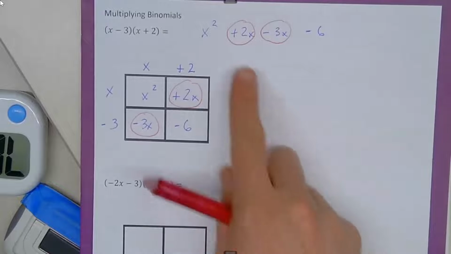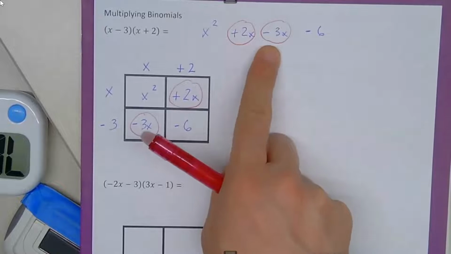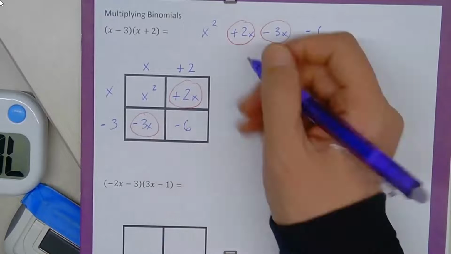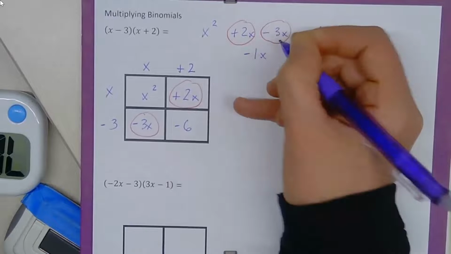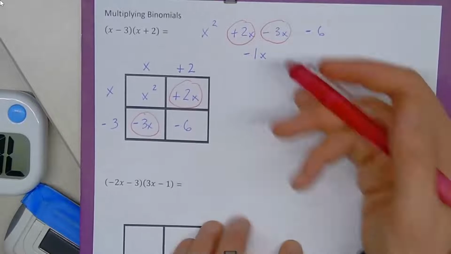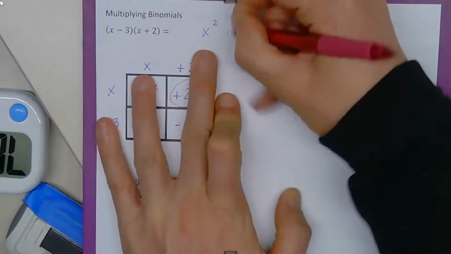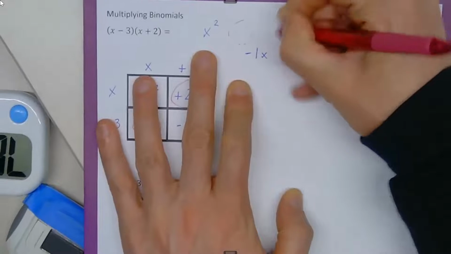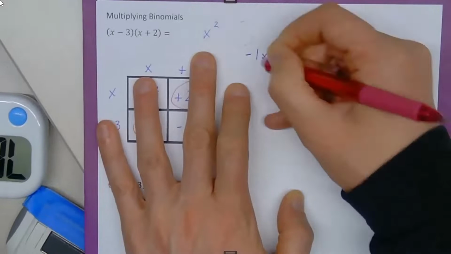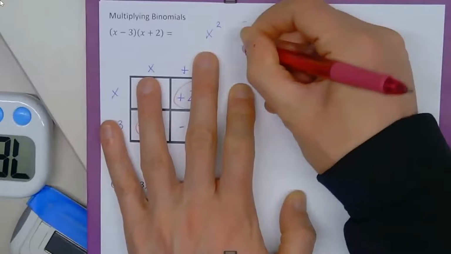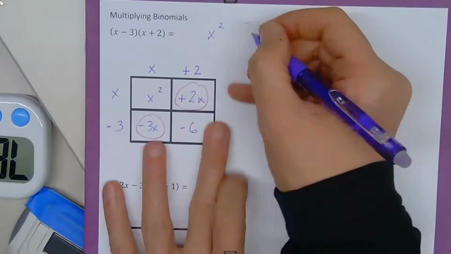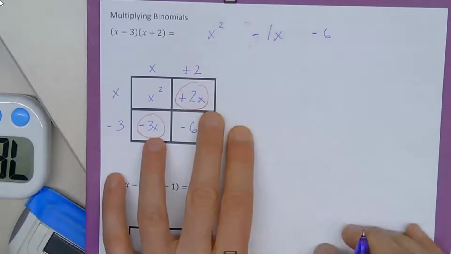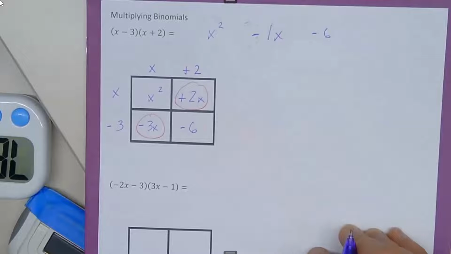So now I can say positive 2 plus negative 3 gives me negative 1. So I have x squared minus 1x minus 6.